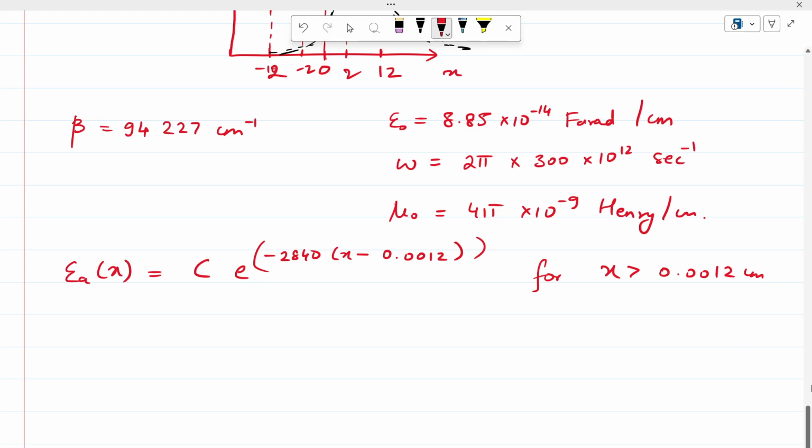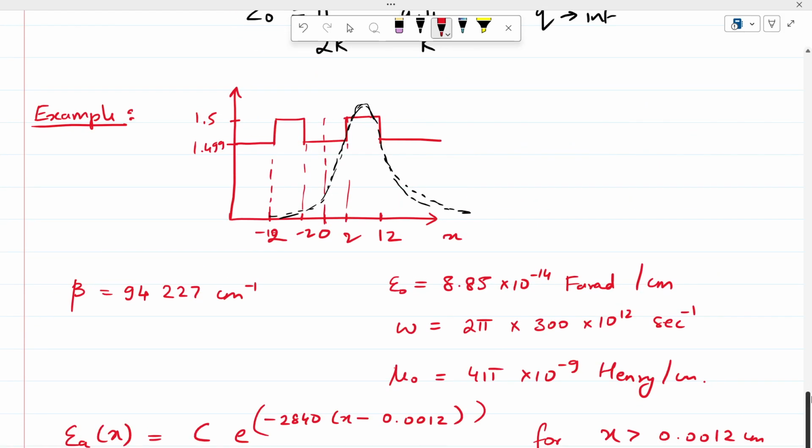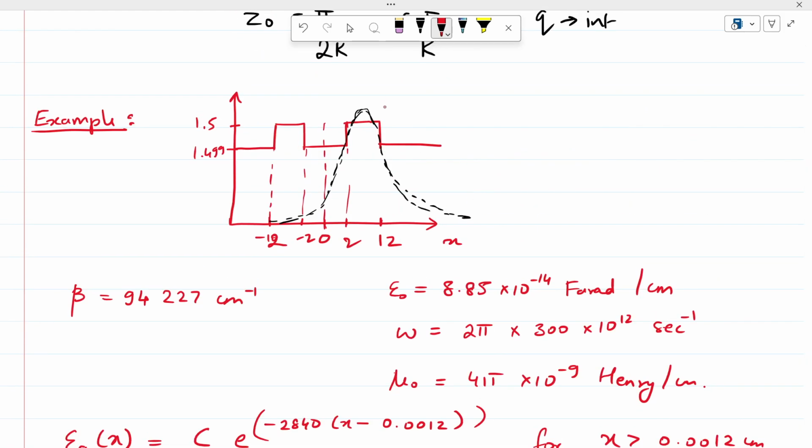So in this case, this is waveguide A. This is waveguide B.